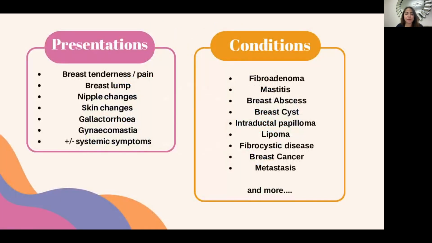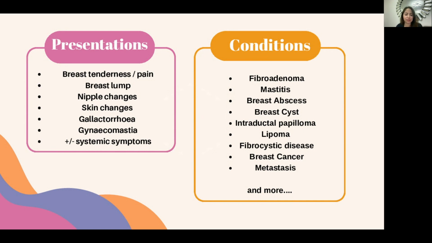Right. So in terms of presentations related to breasts, there can be pain and tenderness. There can be a breast lump or nipple changes or skin changes. And then obviously we have galactorrhea, where there's milky discharge, and gynecomastia, which I'm not really going to touch on today because that's more of an endocrinology issue, but it's definitely a presentation.